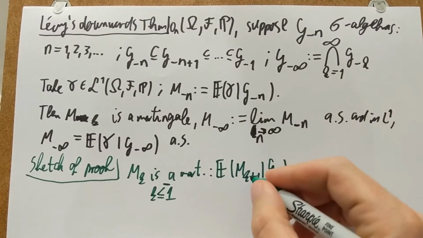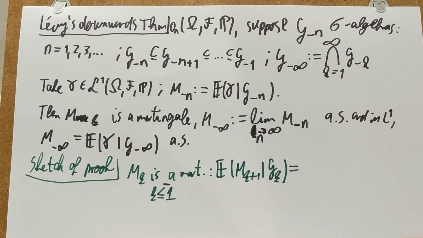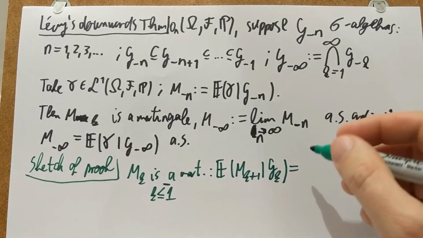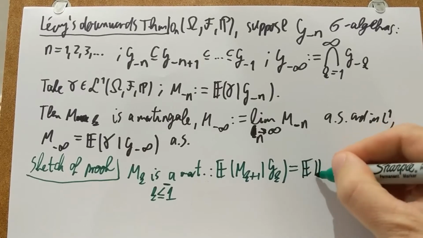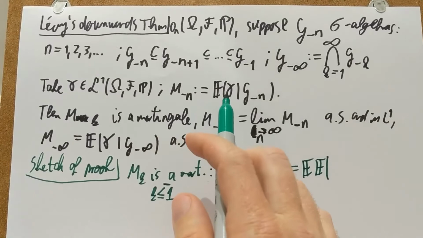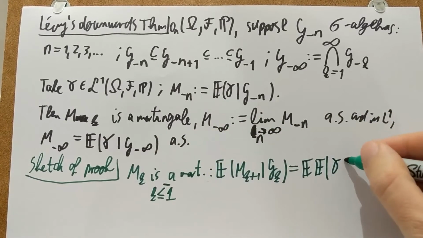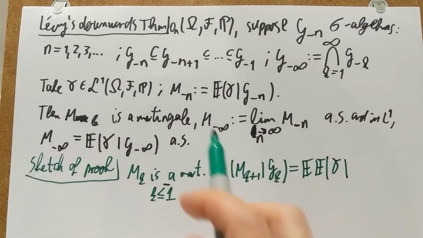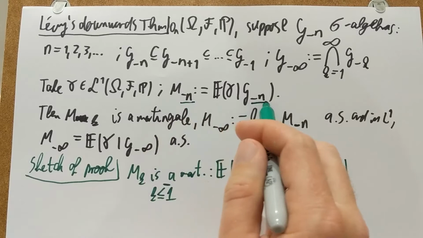What is M_{k+1}? It is defined to be the conditional expectation of, okay, so I need to look at gamma here, and it's a bit confusing what index I should put here, but actually if you look at the definition, all you need to do is just pick this index and put it there.